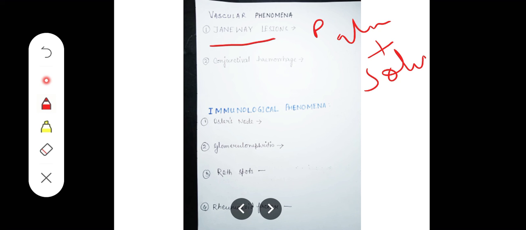The first one, Janeway lesions. These are painless lesions, and they are found in the palms and soles. Remember, very important, you may confuse this with Osler's node.